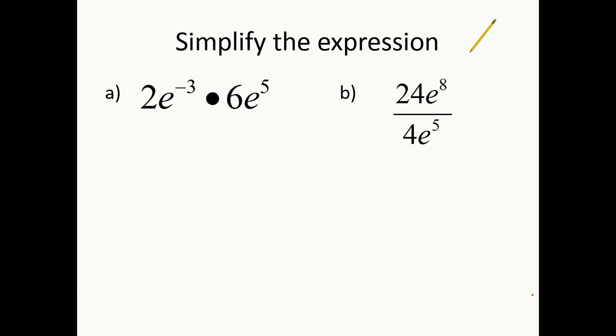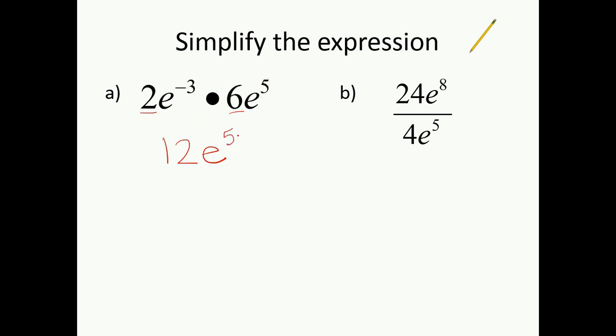You're going to want to remember those exponent rules from long ago. So you're going to want to bring those up in the old noggin. Alright, so if you remember, guys, when you had 2 of the same base multiplied, which is basically e, you added the exponents, right? So first things first, let's multiply the coefficients. So 2 times 6, that is 12. And then I'll have e to the -3 times e to the 5th. Well, I'm going to add the exponents.